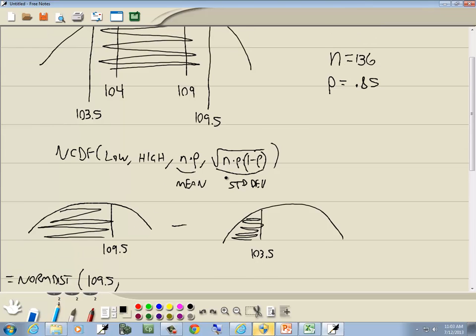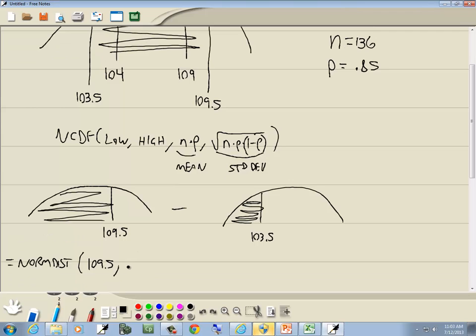N is 136, so we've got 136 times 0.85, comma, the square root of n, which is 136, times p, which is 0.85, times, and then inside of parentheses 1 minus p, so 1 minus 0.85. Closing parentheses on that, closing parentheses on the square root, closing parentheses on norm dist.